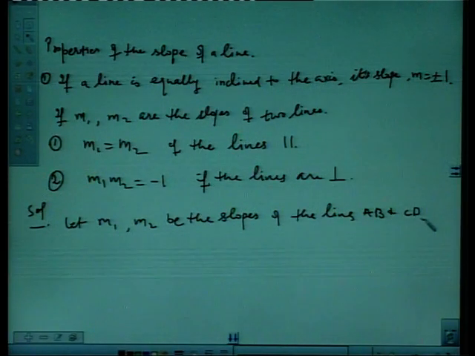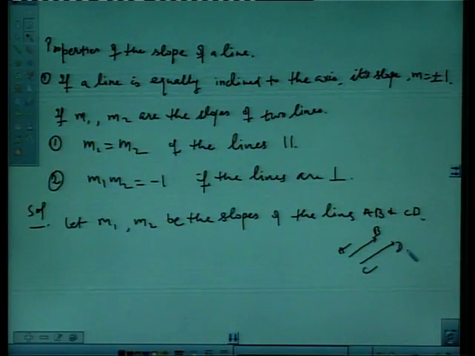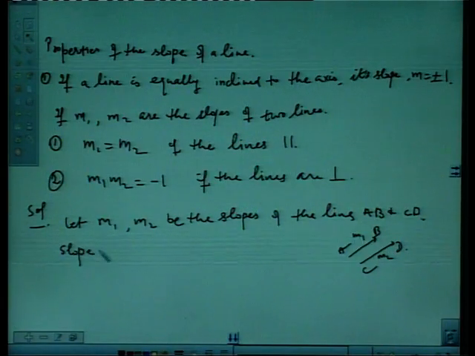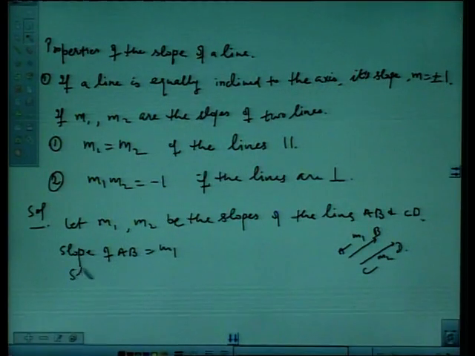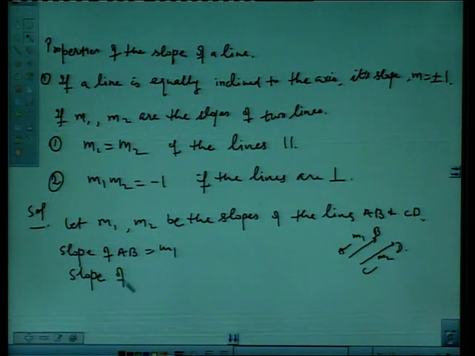Suppose we take two lines AB and CD, and m1 is the slope of AB and m2 is the slope of CD.